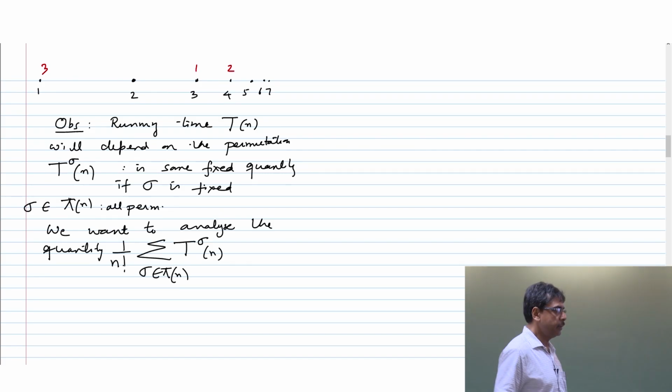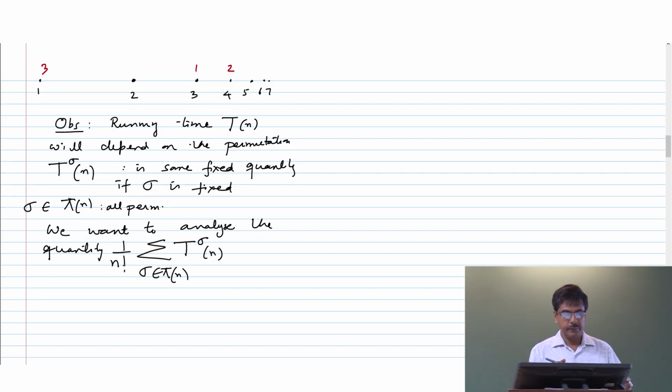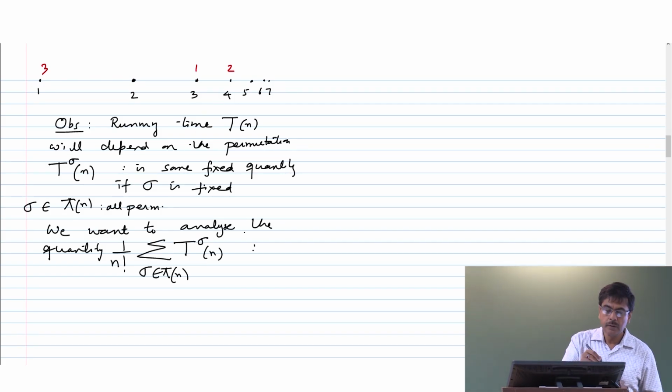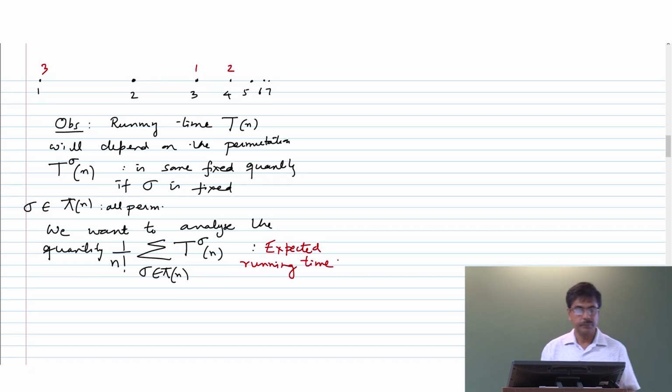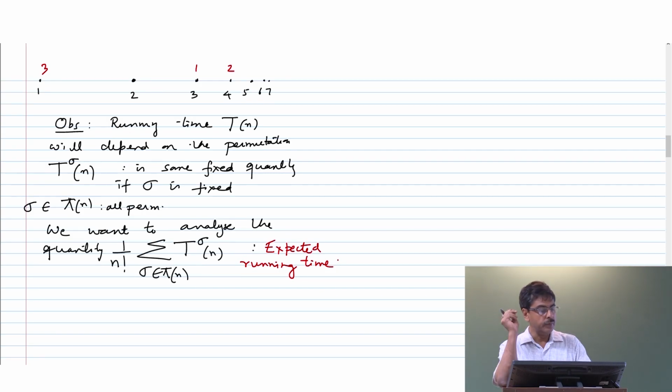And this is called what? Nothing but the expected running time. It's just the weighted average.